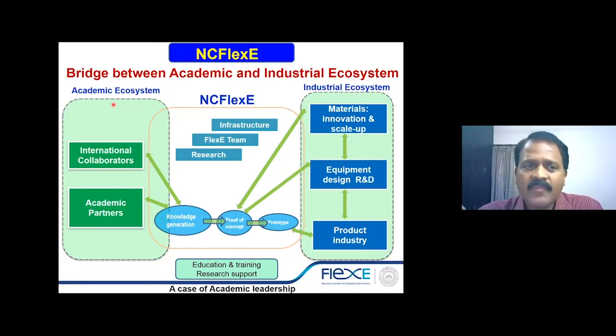We have a strong interaction with the industry, and a preferred mode of engagement is the co-development mode. That is, we have an idea and the industry joins hands. Together, we take it along the technology readiness levels, so that we minimize the time and the uncertainty as we go towards commercialization.